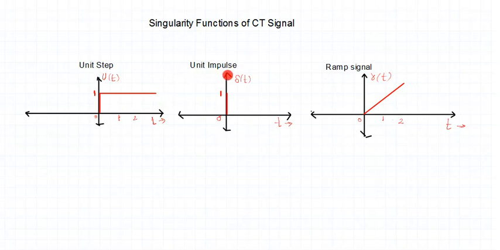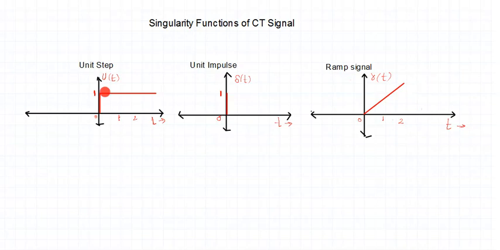Unit impulse is denoted as delta(t). Delta(t) is an impulse which exists at 0 with a magnitude 1, and everywhere else it is 0. This is the unit impulse. The ramp signal is again a standard signal, and as the name suggests, as time increases, the magnitude increases. So at 0 it is 0, at 1 the magnitude is 1, at 2 the magnitude is 2, at 3 the magnitude is 3, and so on, and the ramp goes up to infinity.